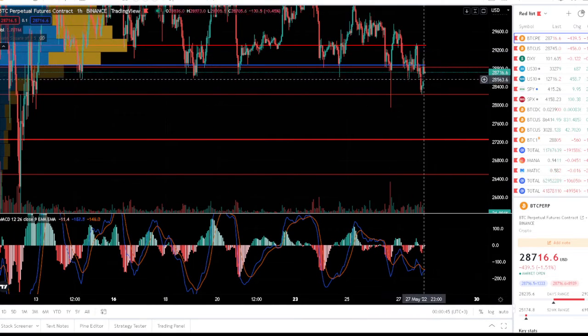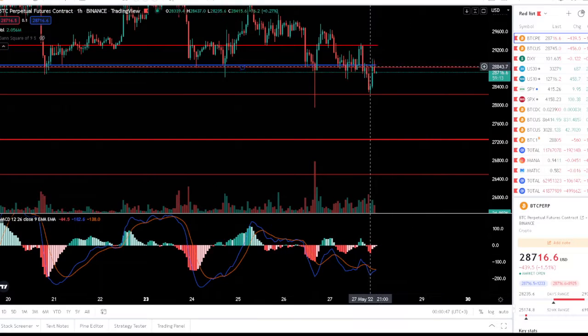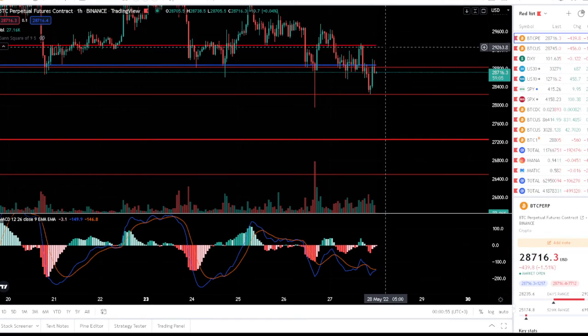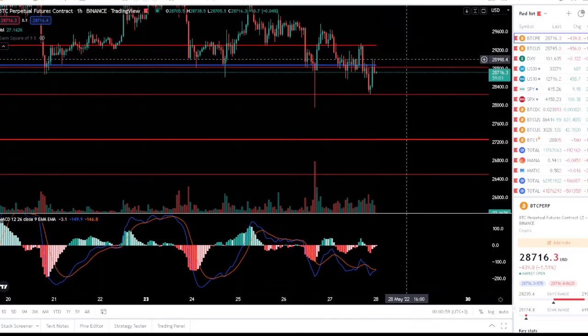Then we fell below the value area low, and we're still struggling to get above the value area low. So 28873 is very significant. If we're able to get above it, then the next level is 293.